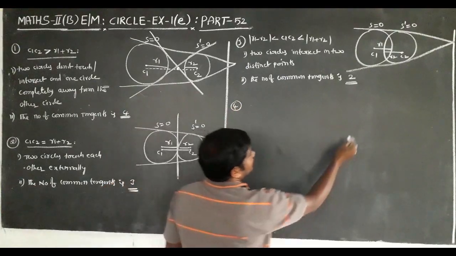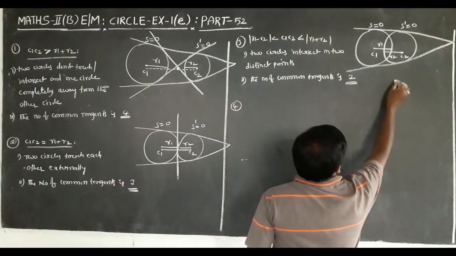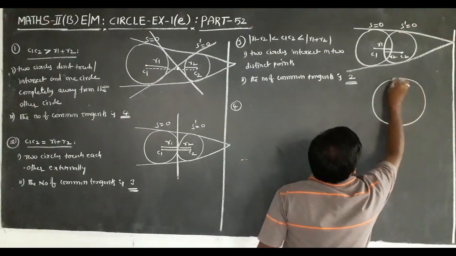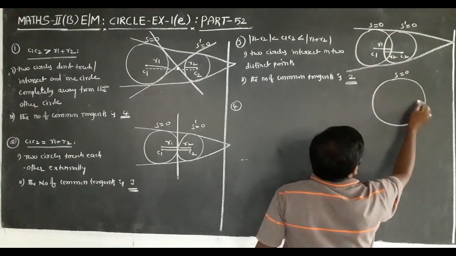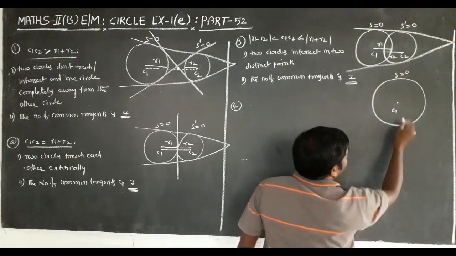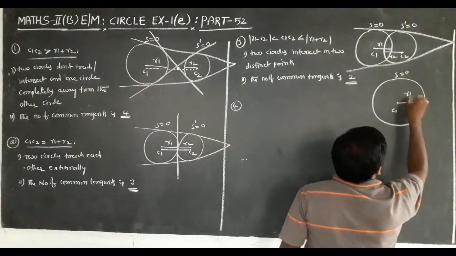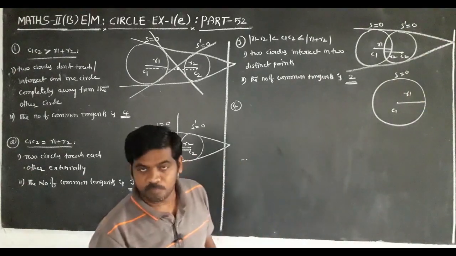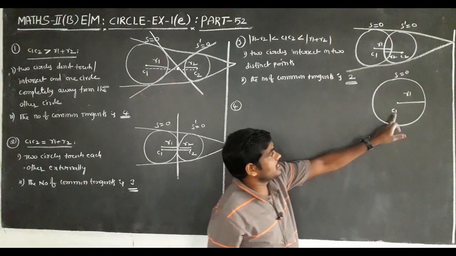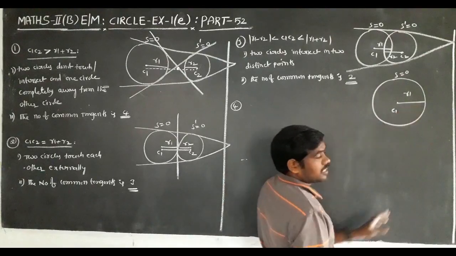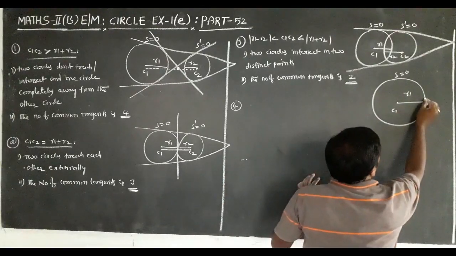Fourth one, this is the circle S equal to 0. C1 is the center, R1 is the radius of the first circle.